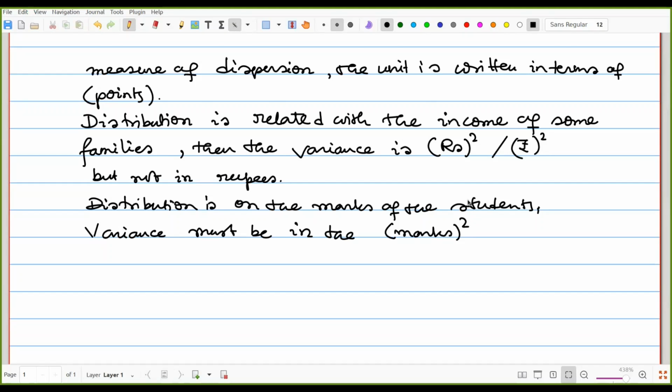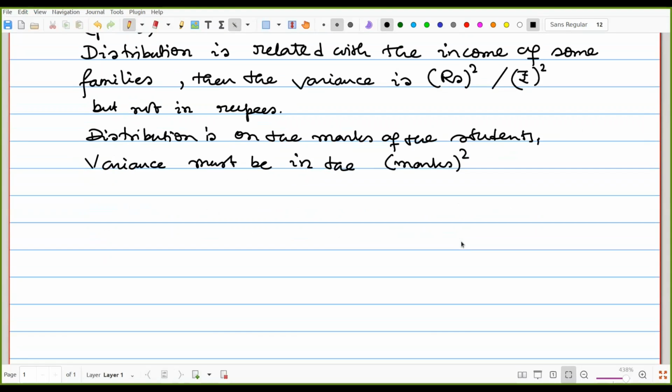Now from variance we can find the standard deviation. That means standard deviation, or sigma, is written as the square root of the variance. But we have to remember the variance is always a positive value.